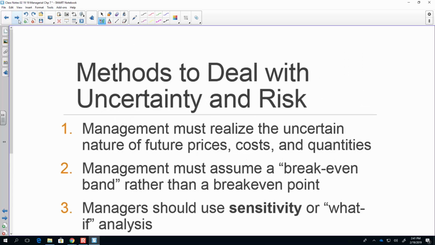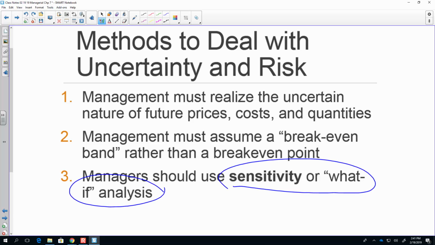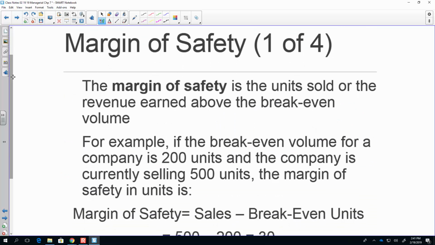But we have to deal with it. That's what they say here. We're going to use, this is from Excel, kind of a what-if analysis. What if our costs change this amount? So they came up with this new measurement called margin of safety.